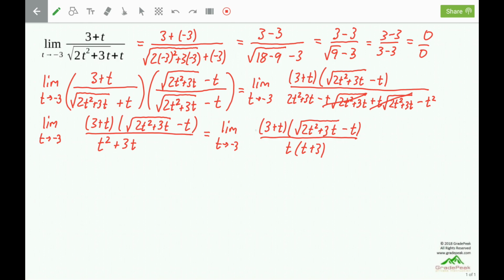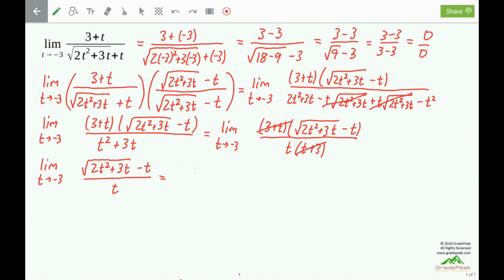The t plus 3's can now cancel. They were making the 0 over 0. That leaves us with a limit as t goes to -3 of the square root of 2t squared plus 3t minus t, all of that over a t. We should no longer have 0 over 0.